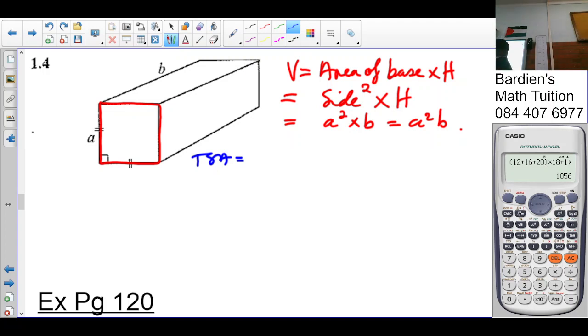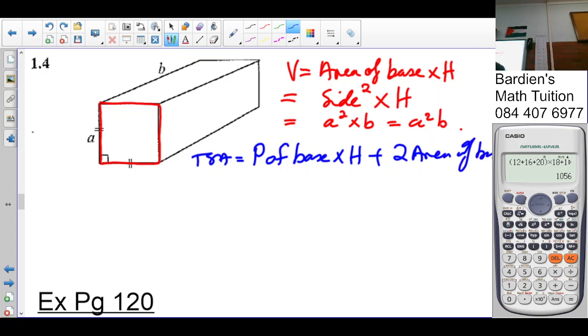Okay. Total surface area. Perimeter of base times height plus 2 area of base. How do you calculate the perimeter of a square? 4 times side, times height, plus the area of a square, side squared.